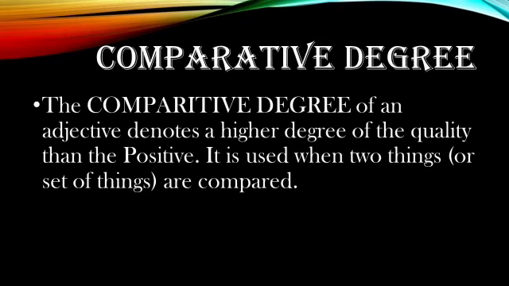When these two things are compared, you can see the adjective is larger. Now here the word larger is not in a simple form, but we have used the comparative degree here. We have added ER to the word to make it a comparative degree.